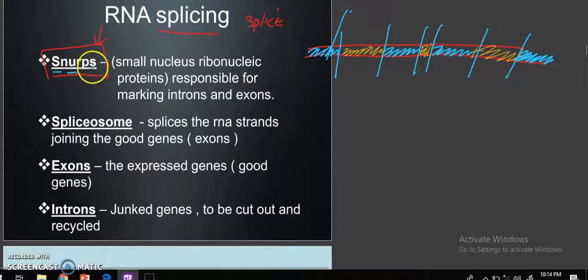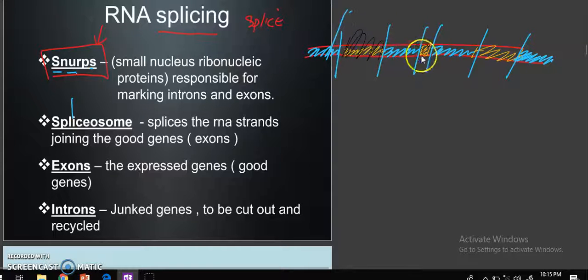After they identify or mark the introns and the exons, here comes the spliceosome. The spliceosome splices the RNA strands, joining the good genes, or the exons. So take away this, and this, the yellow one, and join the blue sections.